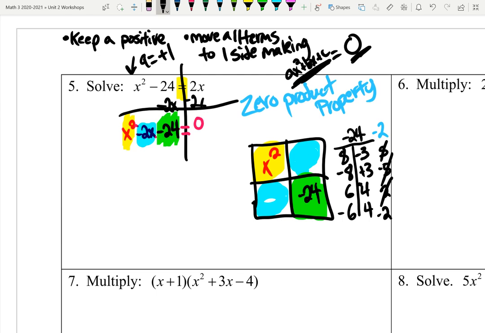You can also kind of do the guess and check like we did before. If I were to say what numbers multiply to be x squared, x times x. What numbers multiply to be negative 24? If I went with the first example, 8 and negative 3, when I multiply this out, 8x, well, let me write it out so those of you can follow.